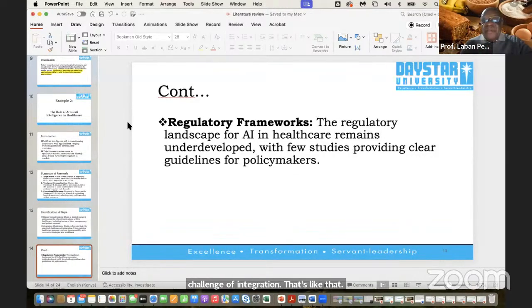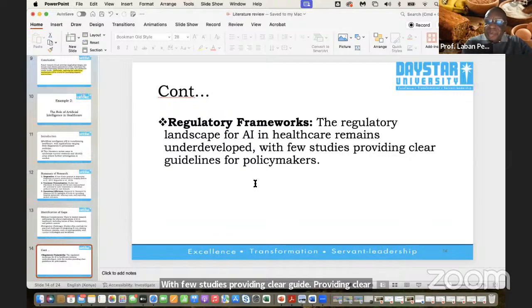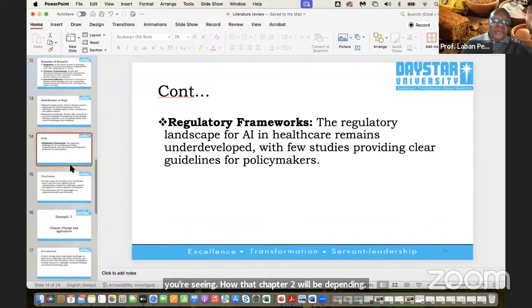And then regulatory frameworks. The regulatory landscape for AI in healthcare remains underdeveloped, with few studies providing clear guidelines for policymakers. So there's an issue around policymaking here in this AI area. I hope you're seeing how that chapter 2 will be, depending on the topic that you will opt for.